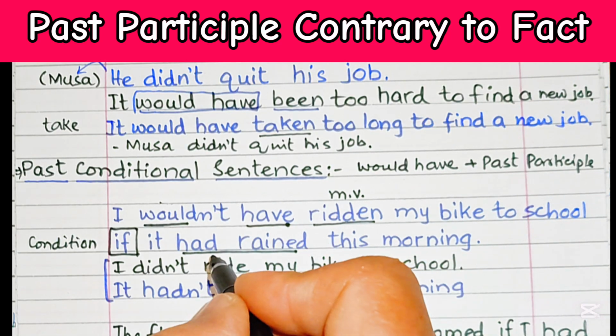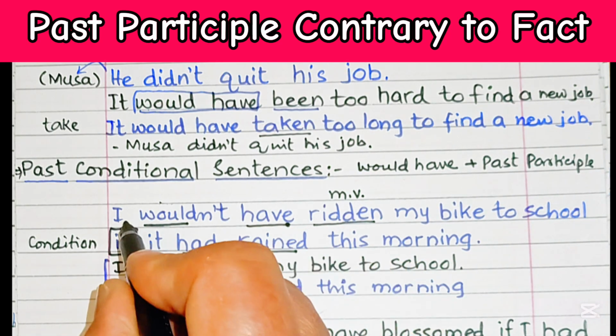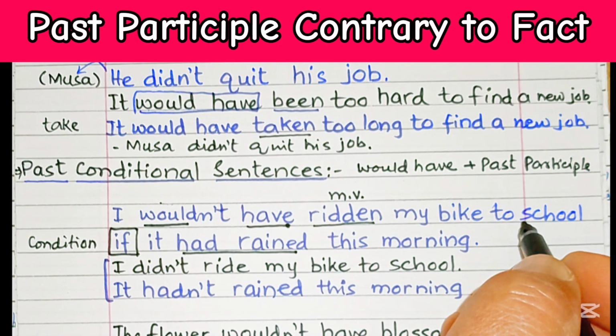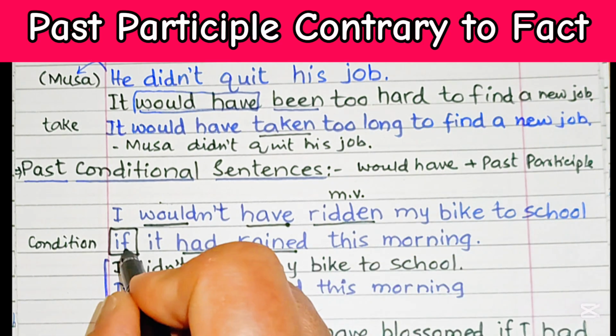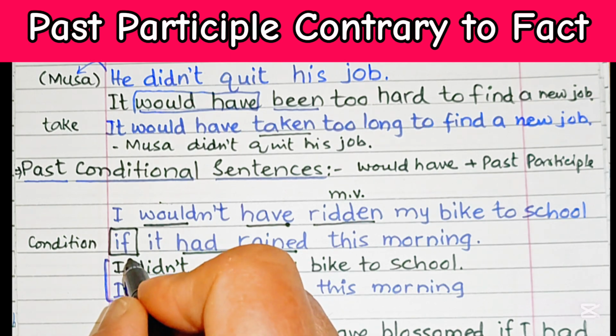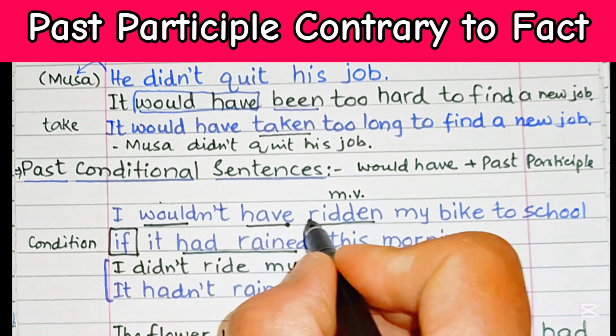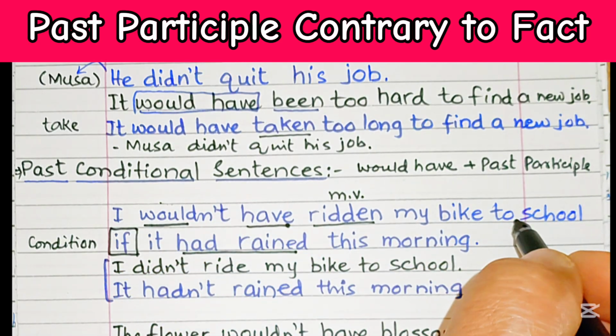So this actually did happen. And then starting with if, this condition occurred, then this, I wouldn't have ridden my bike to school, would have happened.